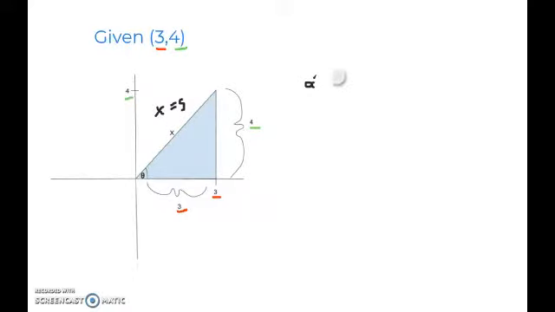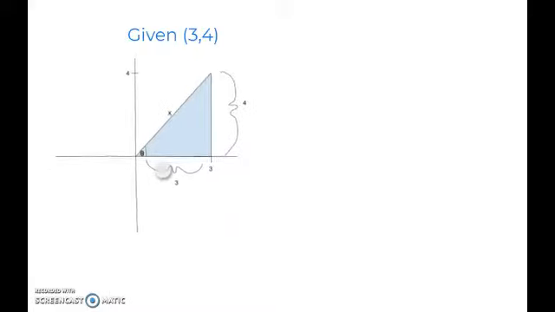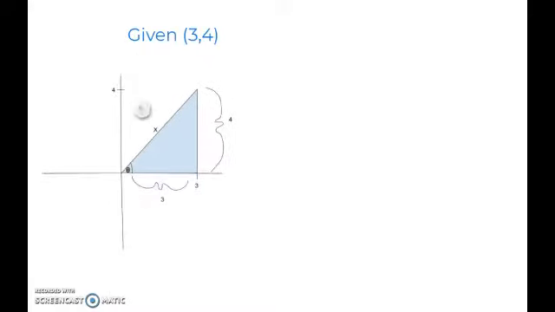And then you can use this information you now know to figure out all of the trigonometric functions. Given 3, 4, we've already worked with this diagram. We now know that x equals 5, and using this information from the diagram that we made, we can find the functions.